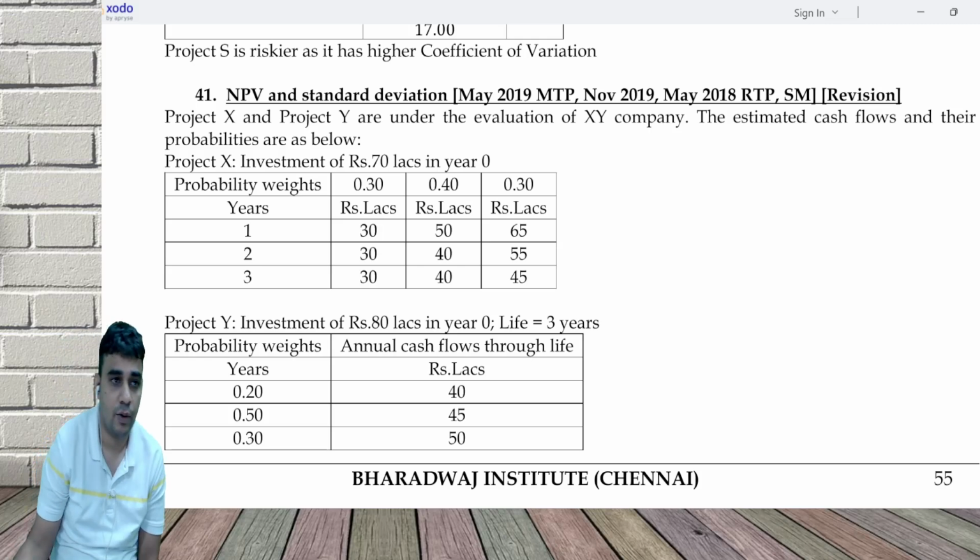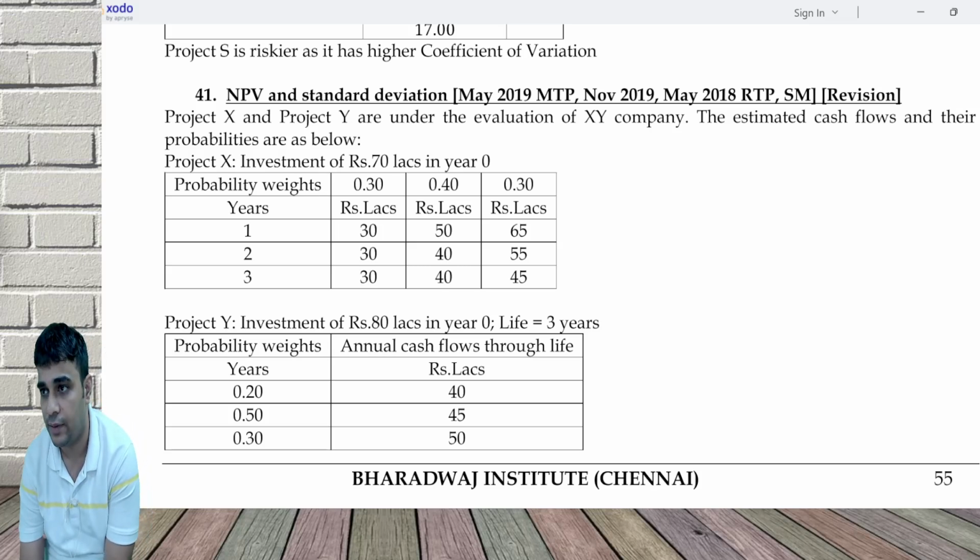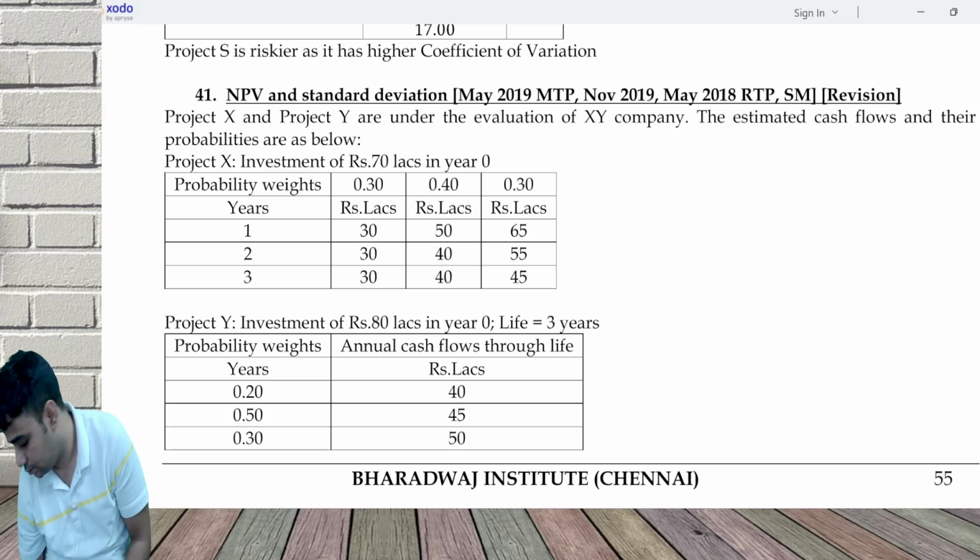Please start doing it. Okay, I want you to do it. Only thing is, do the problem in lakhs, thousands, whatever number they give. Don't write it as normal numbers.